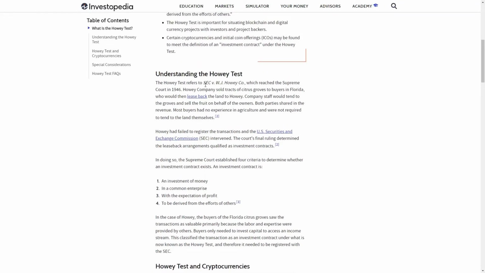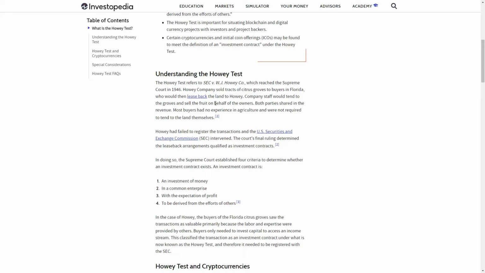So, how did the Howey Test come about? Well, the Howey Test refers to the case of SEC versus W.J. Howey Co., which reached the Supreme Court in 1946. The Howey Company sold tracts of citrus groves to buyers in Florida who would then lease back the land to Howey. Company staff would tend to the groves and sell the fruit on behalf of the owners.